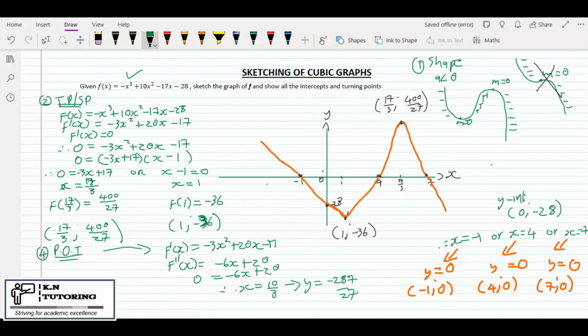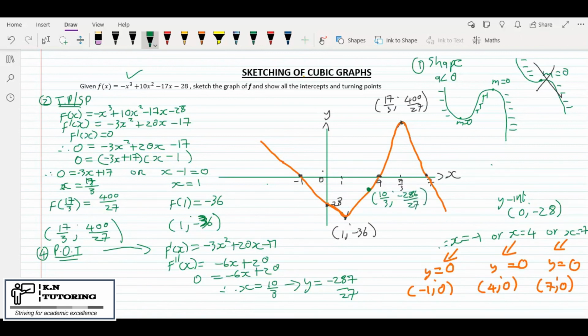And you will see that 10 over 3 is the same as 3.33, so it's somewhere here, and negative 286 divided by 27 is roughly negative 10. So your point of inflection will be a point somewhere there with the coordinates 10 divided by 3 and minus 286 divided by 27.